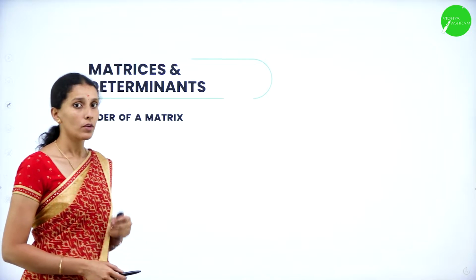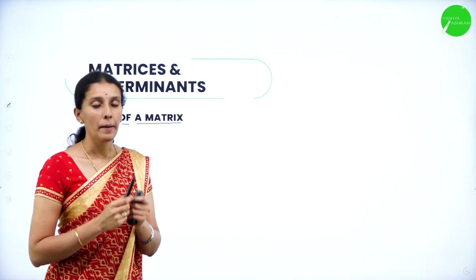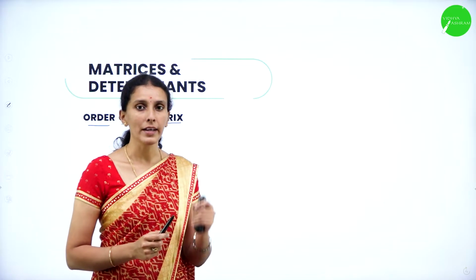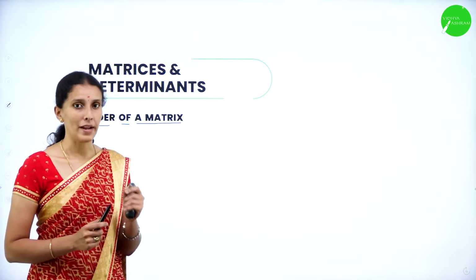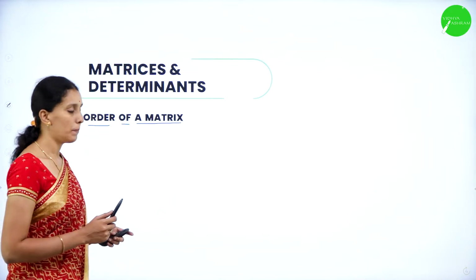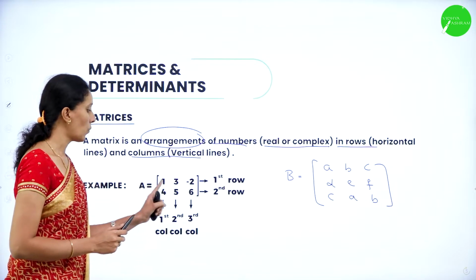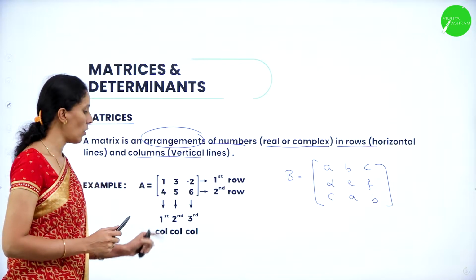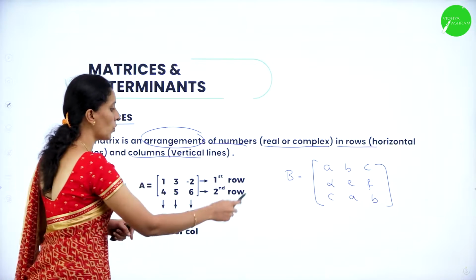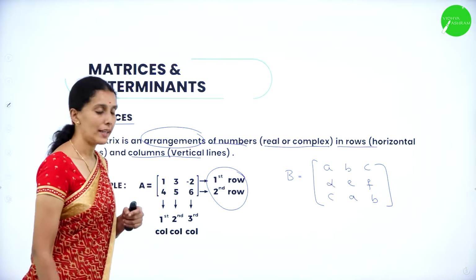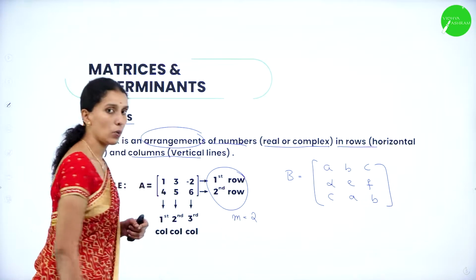Next, we have the order of a matrix. Order of a matrix is nothing but the number of rows and columns of the matrix. For example, in the previous example, matrix A contains 1, 3, -2 in the first row and 4, 5, 6 in the second row. So you have 2 rows here. The number of rows is usually represented as m, and here m is equal to 2.